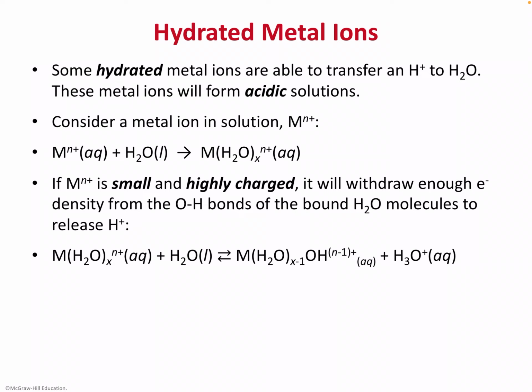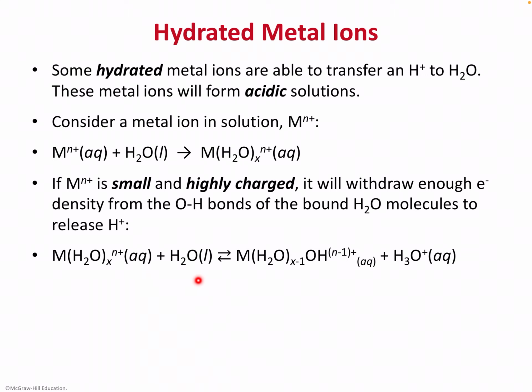So this is the equation for that. The metal hydrated complex grabs a water molecule to form another hydrated complex with one hydrogen less, transferring that hydrogen to water to form a hydronium ion.